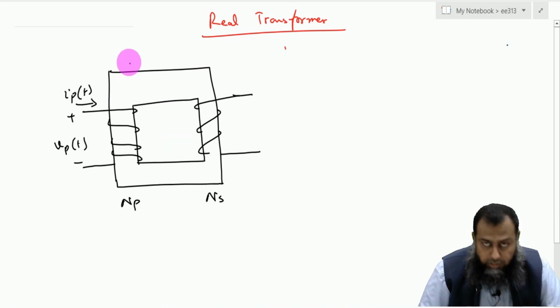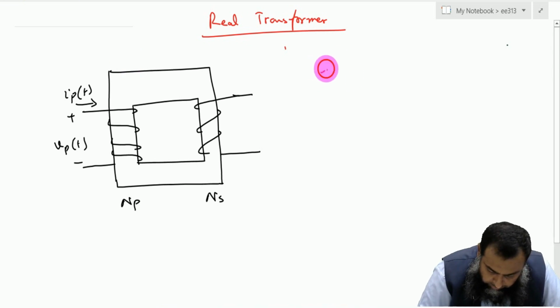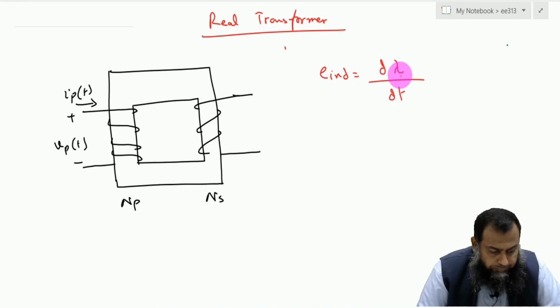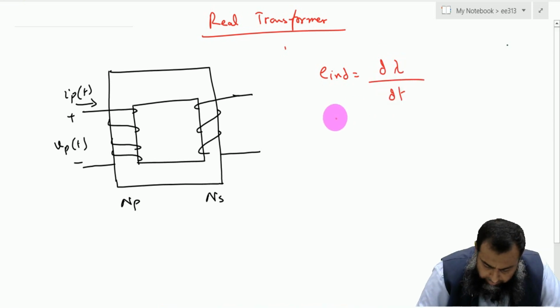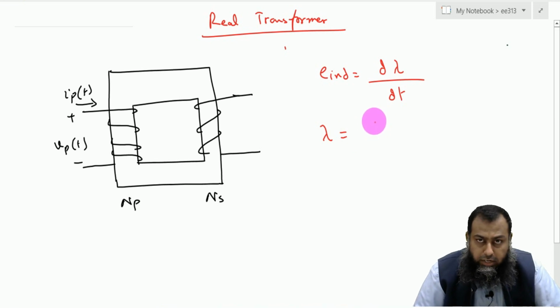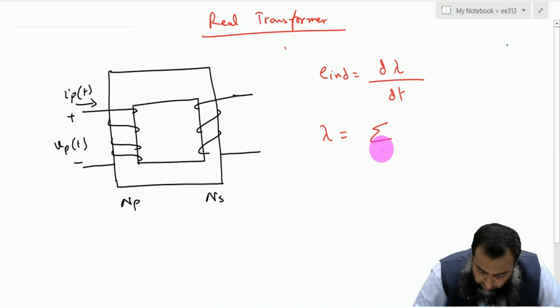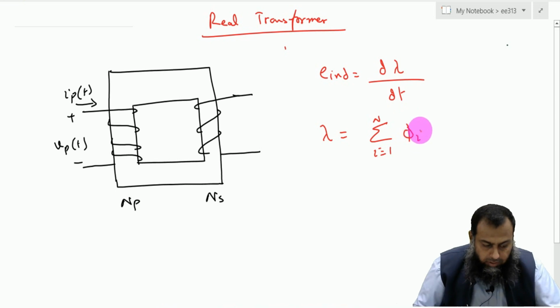Now, in a transformer, we know that the induced EMF e_induced is equal to dλ/dt. Here λ is nothing but the sum of the flux passing through each coil of a given winding, that is the sum from i equals 1 to n of φ_i.